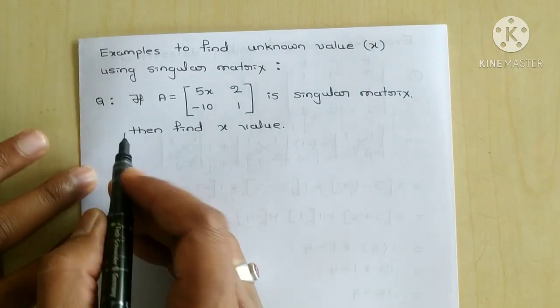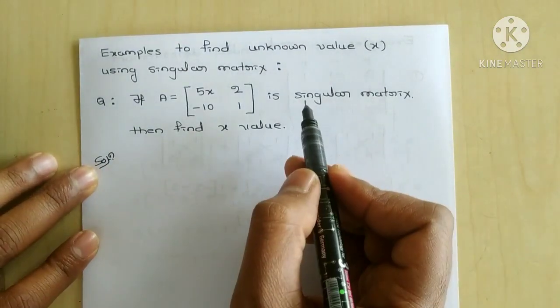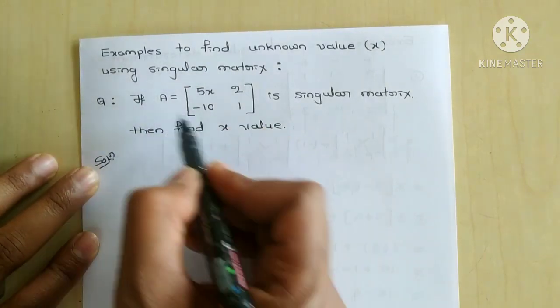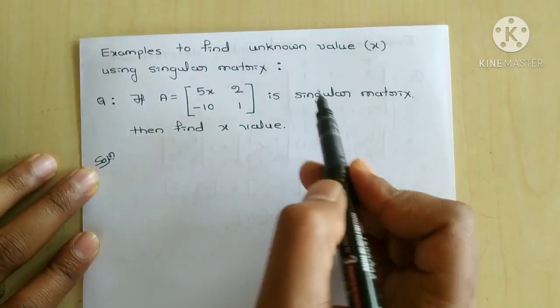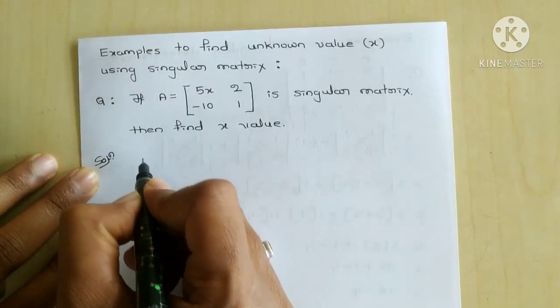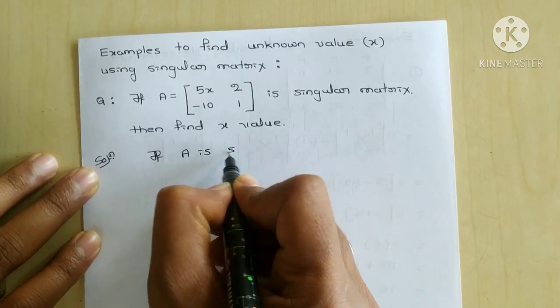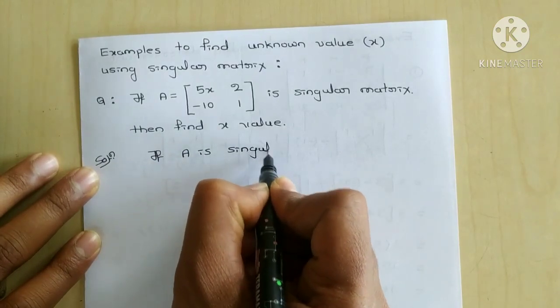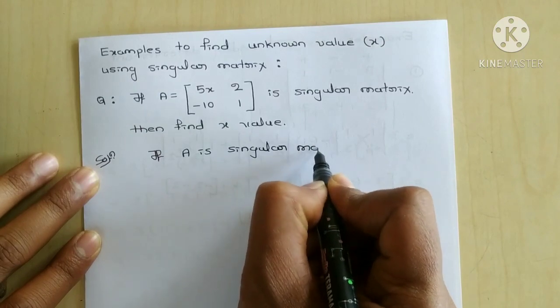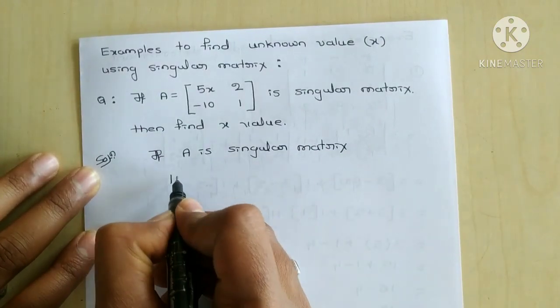Therefore, solution. First, what they are telling is which type of matrix it is: singular matrix. So write that condition. If A is a singular matrix, then what is the condition?